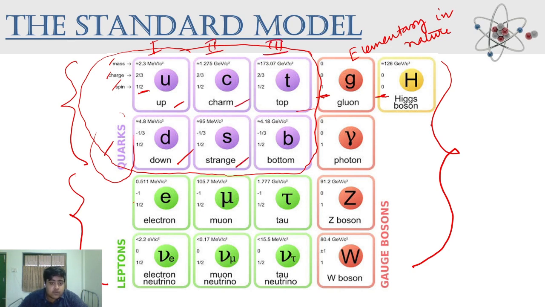Charm, strange, top, and bottom. The mass increases from generation 1 to generation 3. So as you can see, this is the mass. I should clear this out at first.